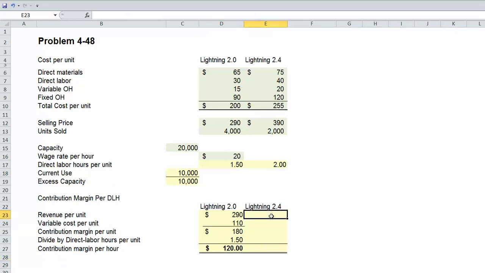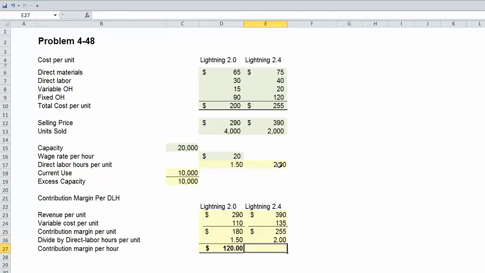For the Lightning 2.4, we have a selling price of $390. Our variable cost is $75, plus $40 for direct labor, plus $20 in variable overhead, $135 per unit. 390 minus 135, our contribution margin is $255 per unit.